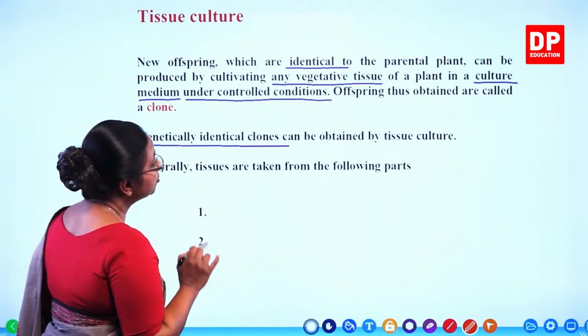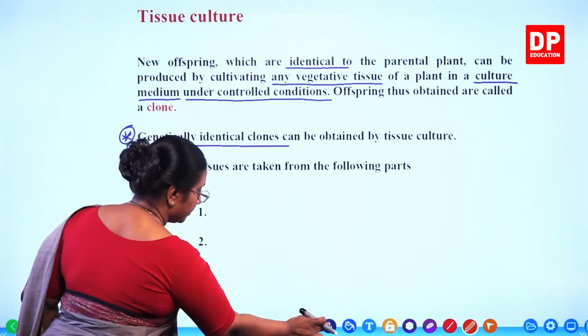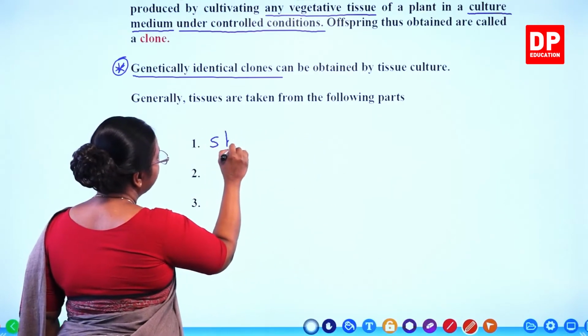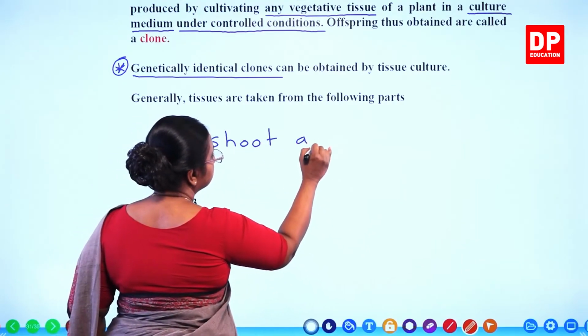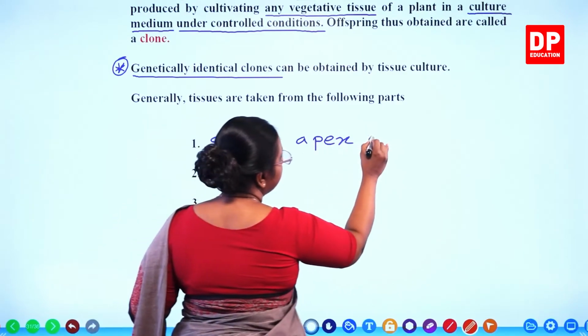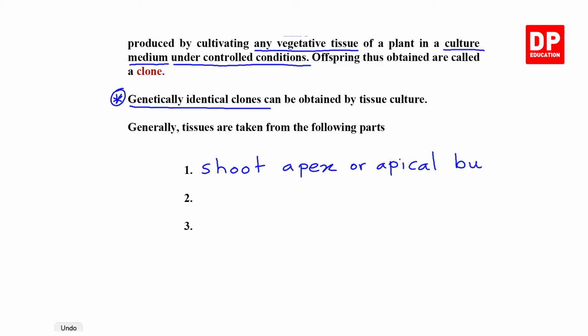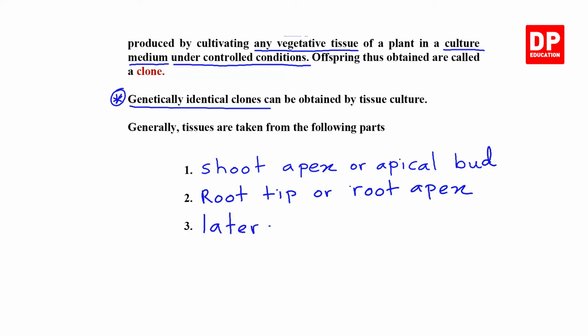So, generally tissues are taken from the following parts. So, here we can say the shoot apex, or we can say apical bud. Then we can use the root tip, or even you can call it root apex, and also the lateral buds.